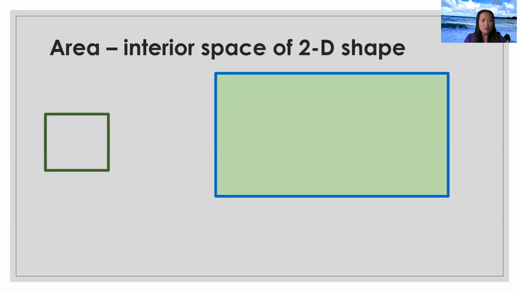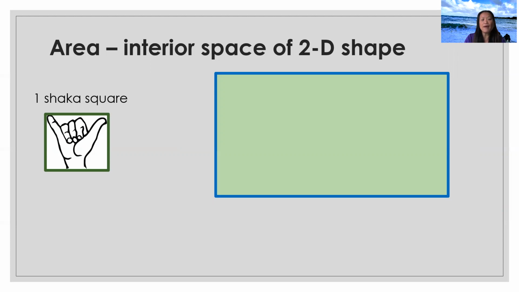Now, area is defined as the interior space of that two-dimensional shape. So remember, the unit for length was 1 shaka long, right? So the unit for area would be 1 shaka square. If the unit for length is 1 shaka, the unit for area is 1 shaka square.